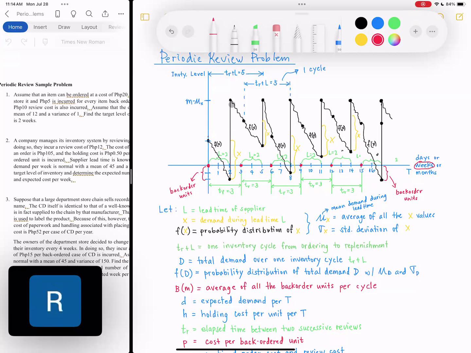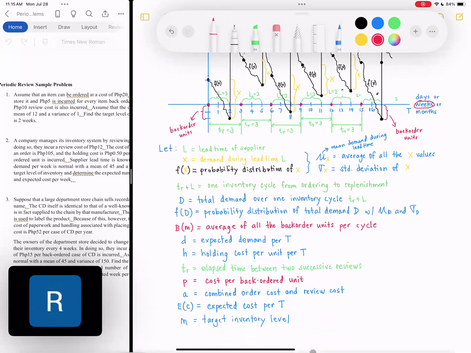And you will see here that there is a target inventory level for a periodic review model. And that target inventory level is your M. Okay, and it is defined here. Okay, it is defined somewhere here, right? That's your target inventory level.